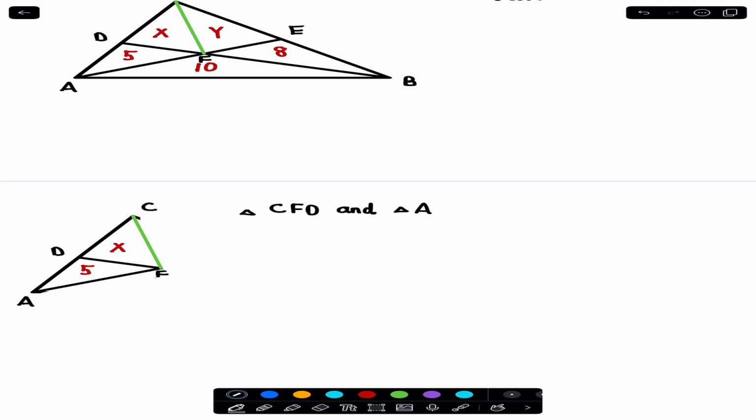So we have two triangles, CFD and AFD, and I hope you can see that they both share an altitude coming from point F. You might have to tilt your head a bit, but as you get more practice, you're going to see the altitude very easily.